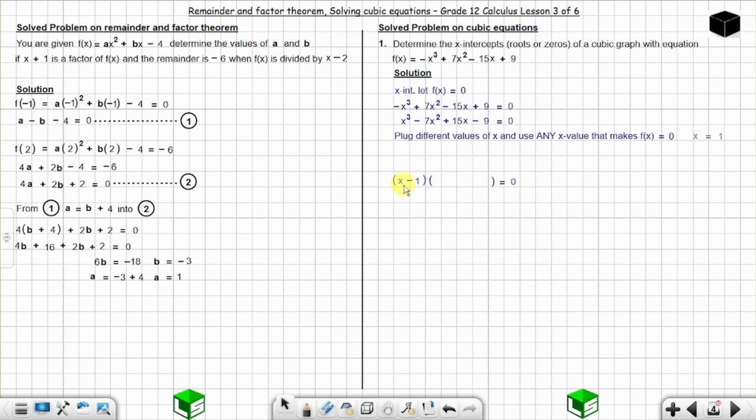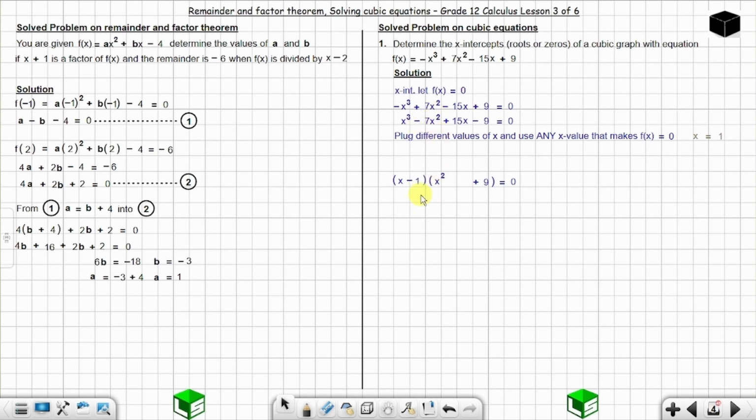So x multiplied by what will give us x cubed? You need to multiply x by x squared so that you have x cubed. And -1 multiplied by what will give us -9? You have to multiply by plus 9. You need the middle term. To get the middle term of the quadratic part, you're going to use the term with x squared, -7x squared.